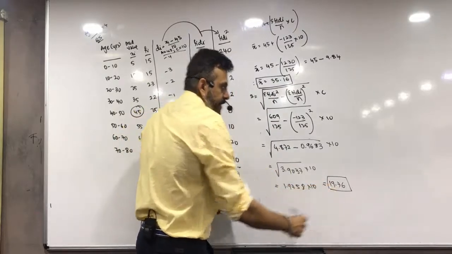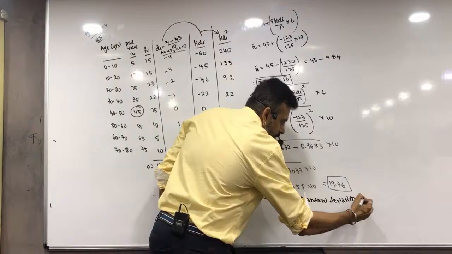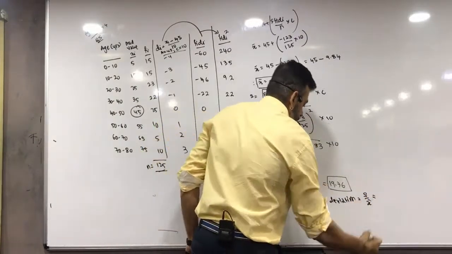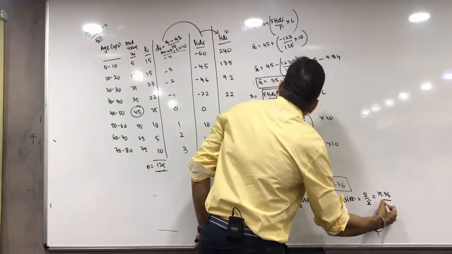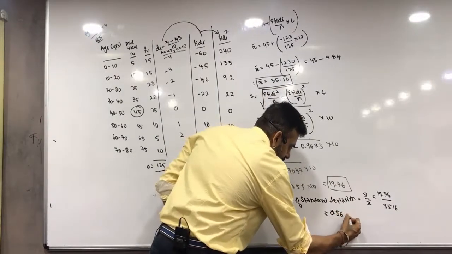Coefficient of standard deviation is equal to S upon x bar, which is equal to 19.76 upon 35.16, which is equal to 0.56.